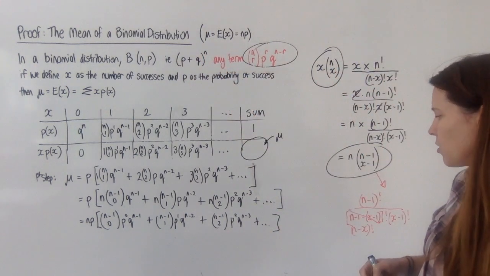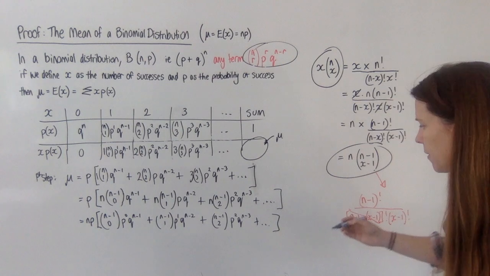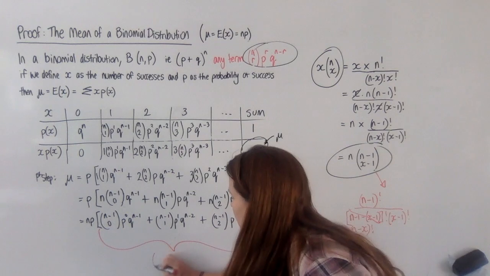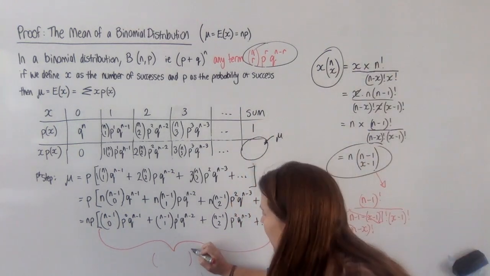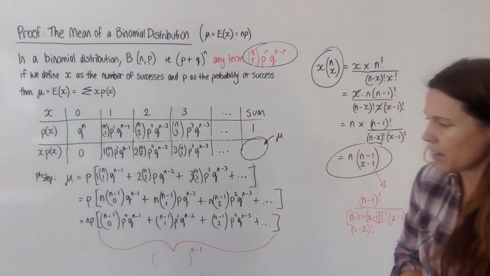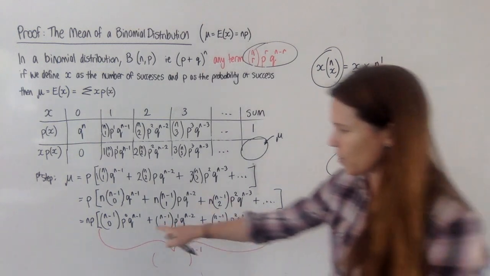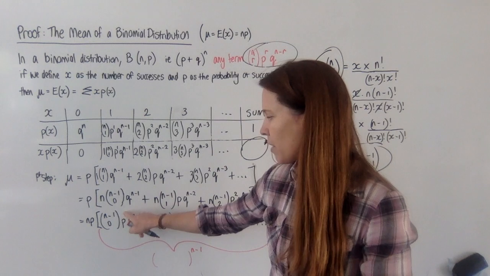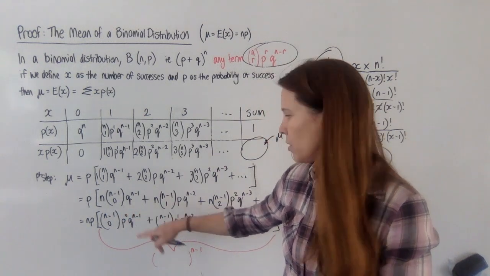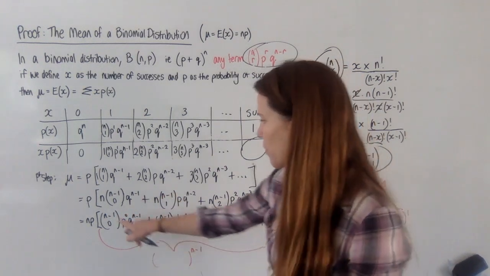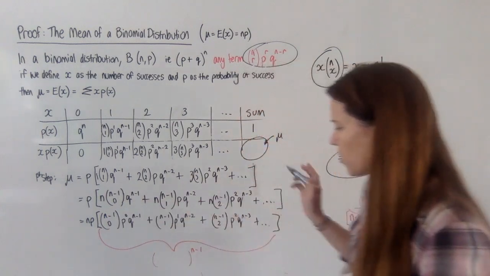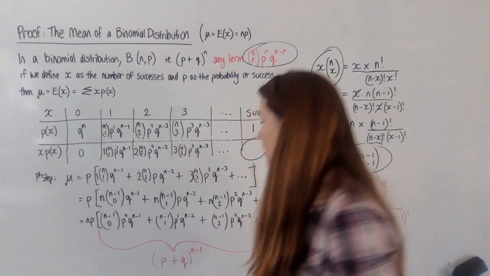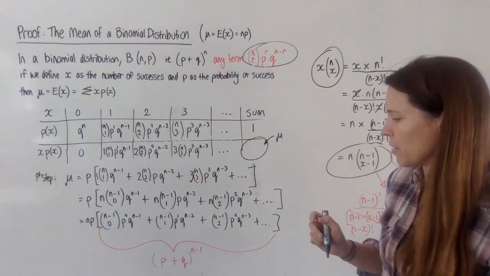So here, it looks like we've got something plus something to the power of n minus 1. Now, it looks good, except I can almost hear you thinking, but don't we need to have, if this is p to the power of 0, n minus 0? No, because we've actually got n minus 1 here. So let's just put in some parameters here and say, is it p plus q to the power of n minus 1? And we can think about whether it is or not.